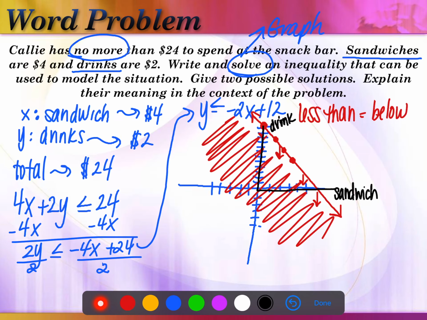Okay, so in order to get a solution, we can pick any solution in the shading as long as it is within the first quadrant so that I have positive sandwiches and positive drinks.